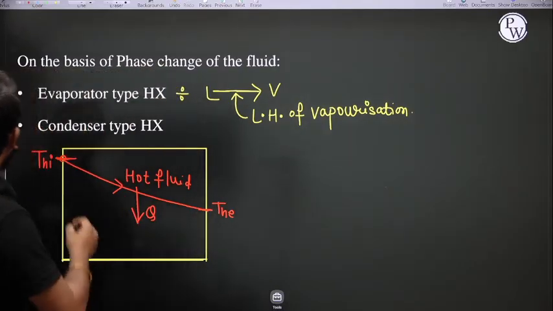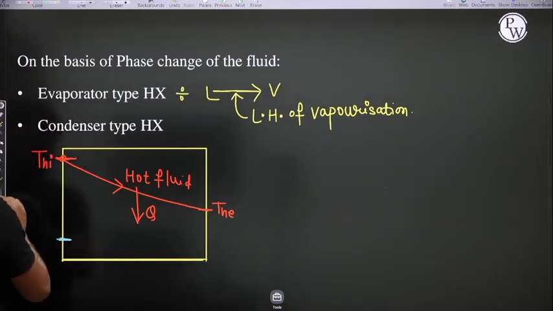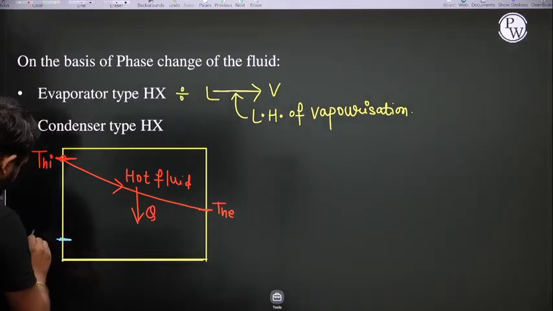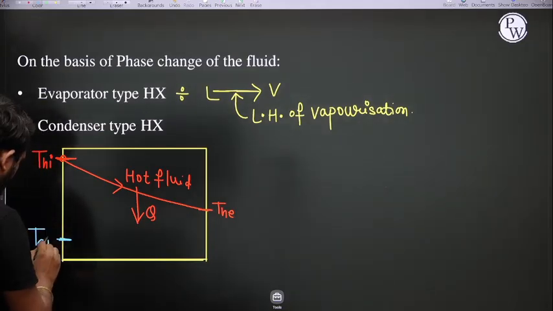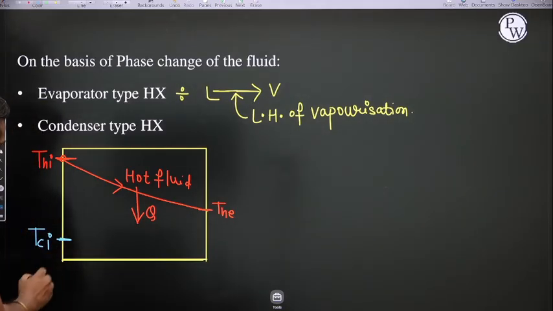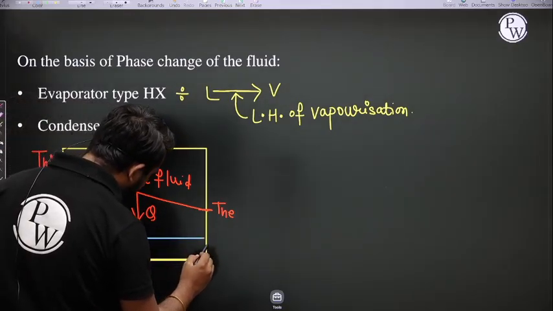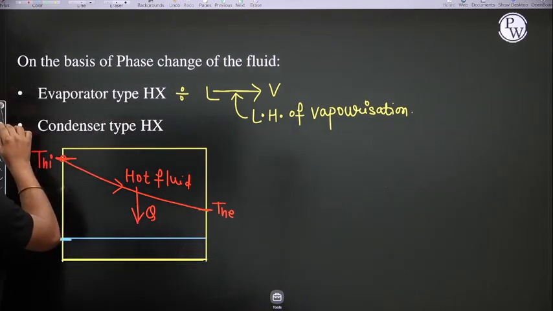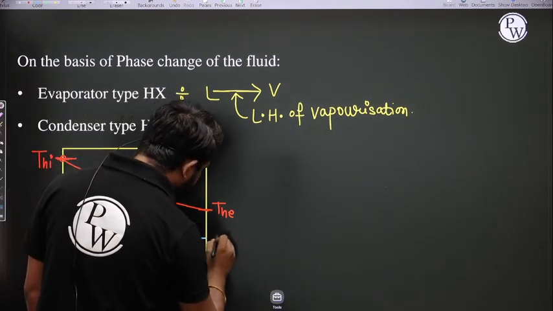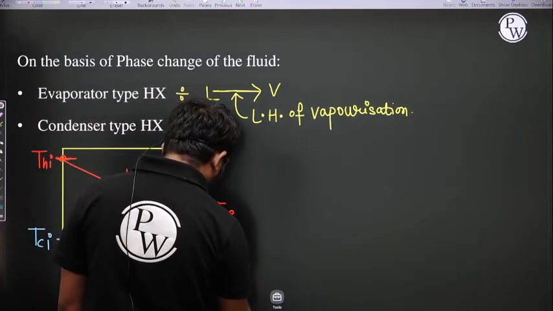See here, the liquid phase is there. This is the inlet temperature of the cold fluid. Now see, phase change occurs, and we know that when phase change occurs, the temperature is constant. So this is the Tce.